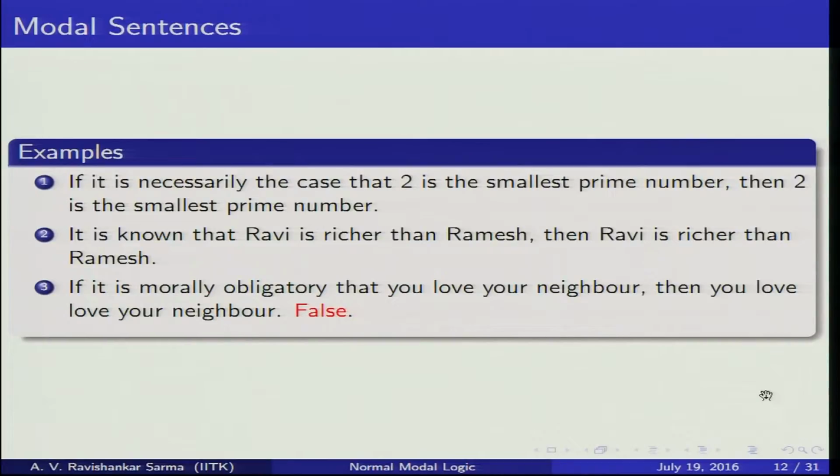And in the third case, it is morally obligatory that you love your neighbor, then you have to love your neighbor. So in the same kind of example that we have seen in the case of 2, that is Kp implies P, if Kp is represented as necessity of P, necessity of P implies P, the same kind of formula can turn out to be false in another domain where it involves some kind of moral reasoning. So you ought to follow the traffic rules.